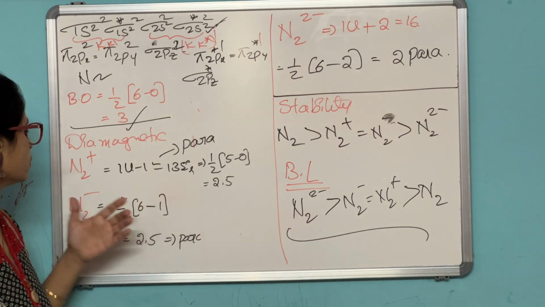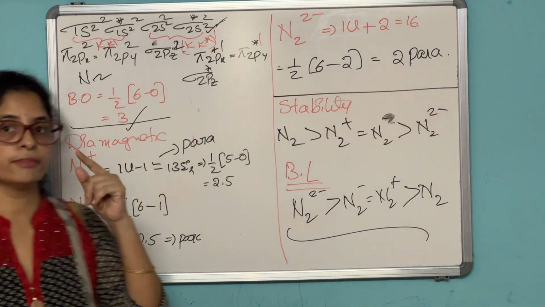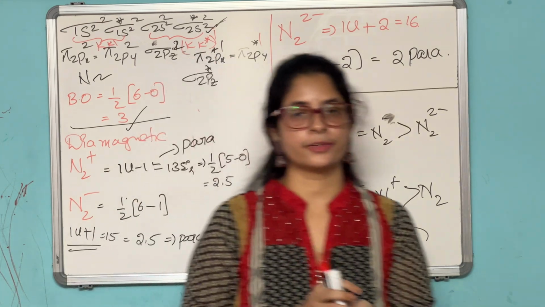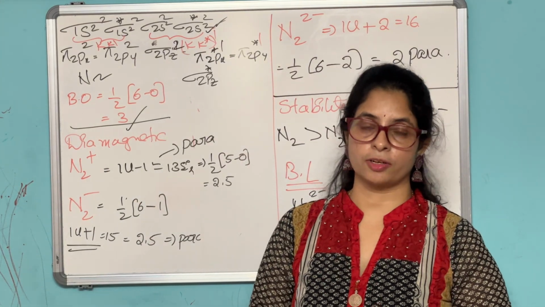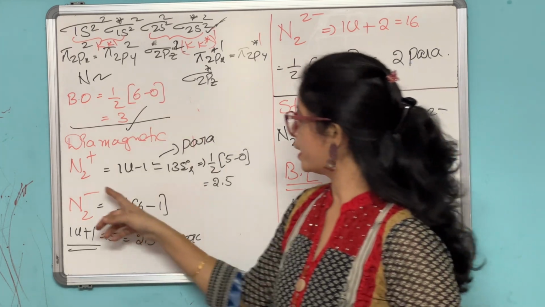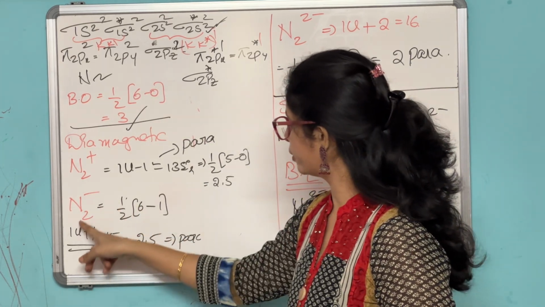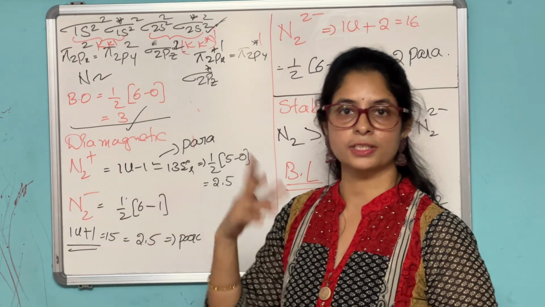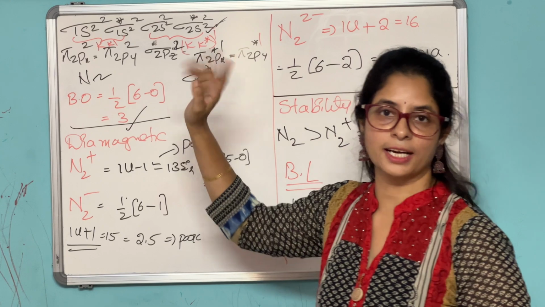Many have confusion that I have given two electronic configurations. If the total number of electrons is less than or equal to 14, you adopt this electronic configuration. But for N2 minus, 14 plus 1, 15 electrons, whether to follow this electronic configuration or the other one?